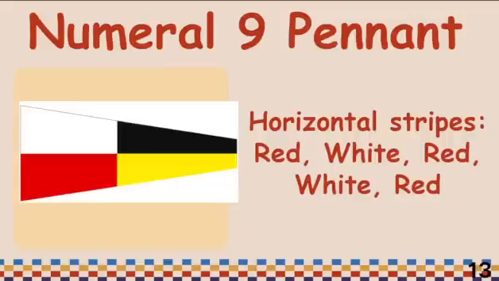The next is numeral 9 pennant. It is a horizontal stripes: red, white, black, yellow. As you can see in our image, this is number 9. Numeral 9 pennant.